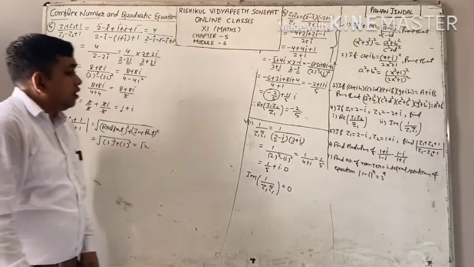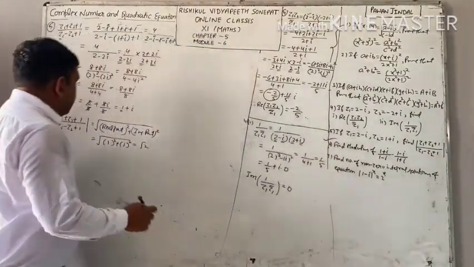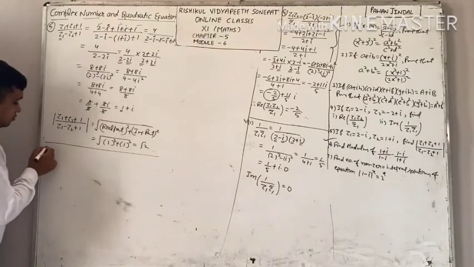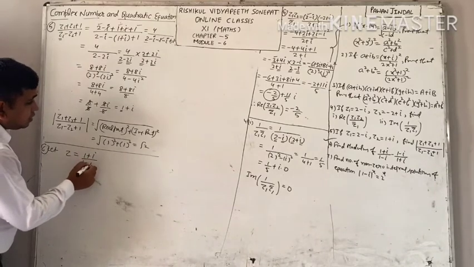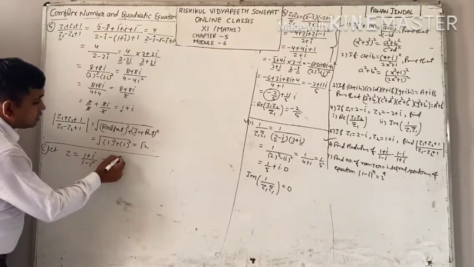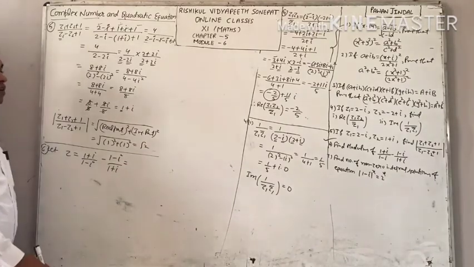Right? Now, next one. Question number 6. Similar problem. Let z equal to (1 plus iota) upon (1 minus iota) minus (1 minus iota) upon (1 plus iota). First of all, simplify this one. We will simplify.